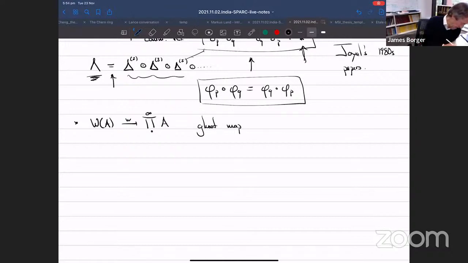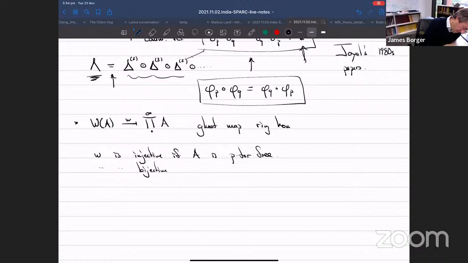But the key point is that this map is injective if A is P torsion free, and it's bijective. So this is a ring homomorphism. It's bijective if P is invertible.